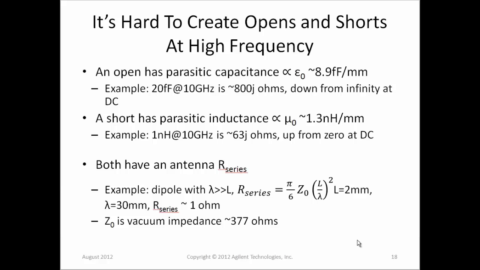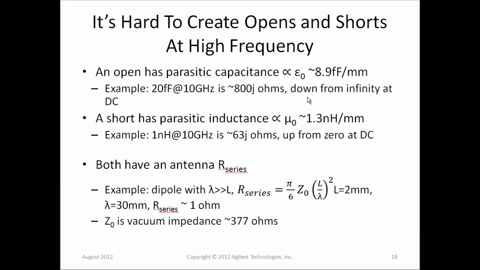Now, as you've seen, there are some limitations with Z and Y parameters. There's a few more limitations with them. You can most conveniently measure Z and Y parameters with opens and shorts, but it turns out that opens and shorts are hard to create at a high frequency. An open has a parasitic capacitor. There's a fundamental quantity of space, the permittivity of free space, which is about 9 femtofarads per millimeter.